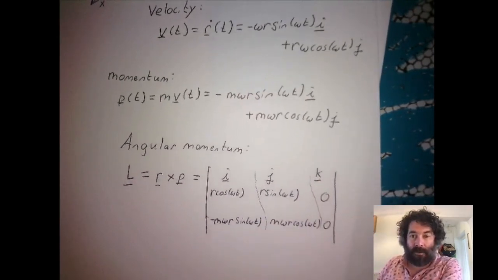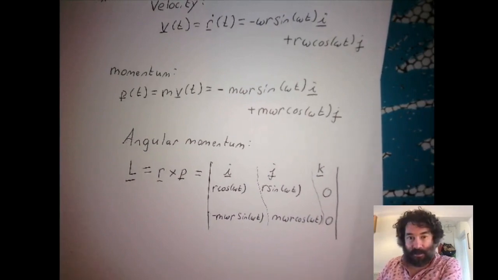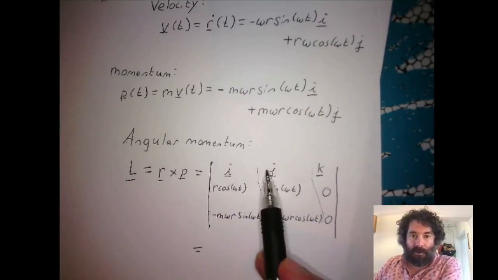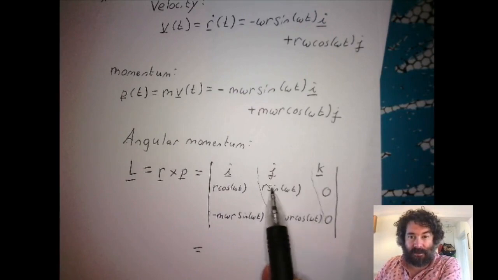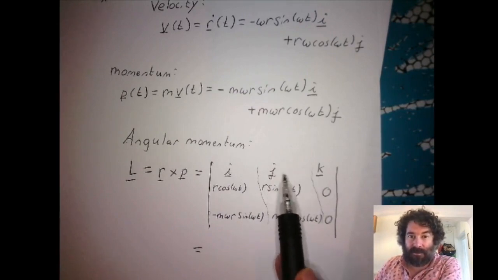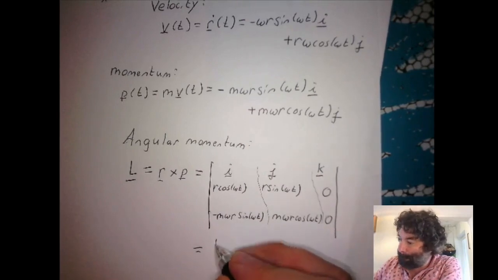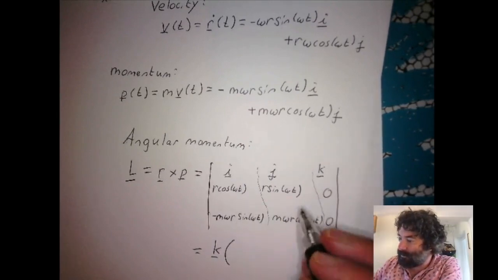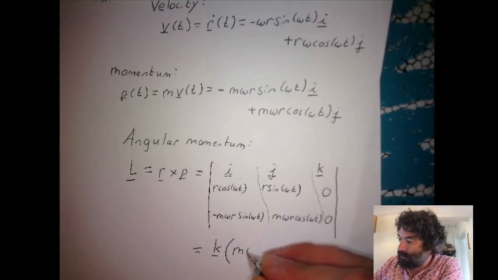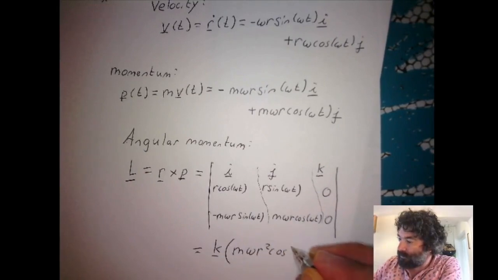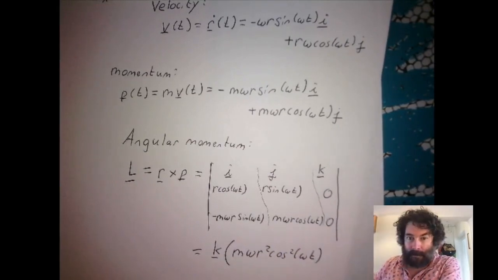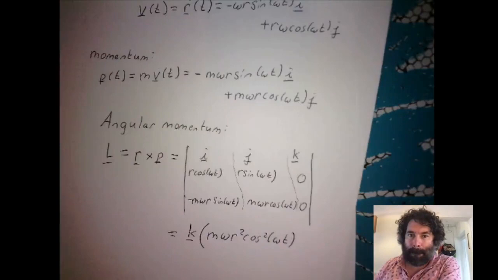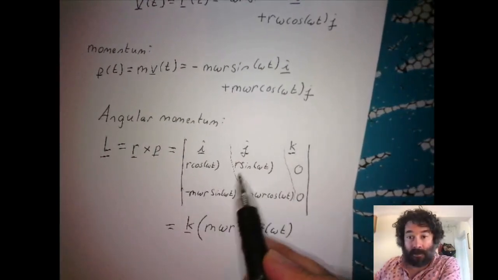Okay, so this is actually easy to calculate. If you expand along the top row, you would get i times 0 because the determinant here is 0. j also times 0, so there's no i and j component, and then you have k times the determinant here, which is the product of the diagonal entries, m omega r squared cosine squared omega t, minus the product of the off-diagonal entries.